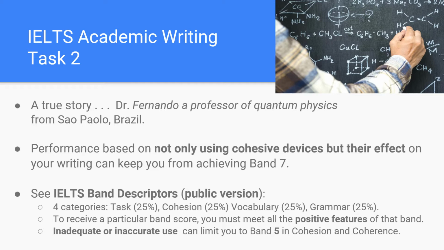As we'll see in our next slide, there are 4 parts to how the examiner rates your writing, and each of those account for 25% of your score. The ability to fully answer the question, your vocabulary, the range and accuracy of your grammar each make up 25% of your score. The other 25% is how well you organize your essay, including your use of cohesive devices.